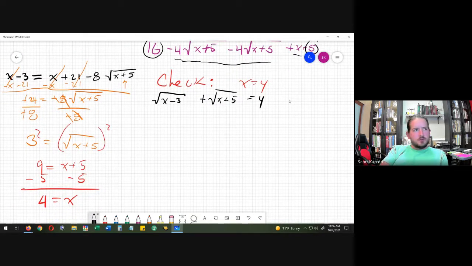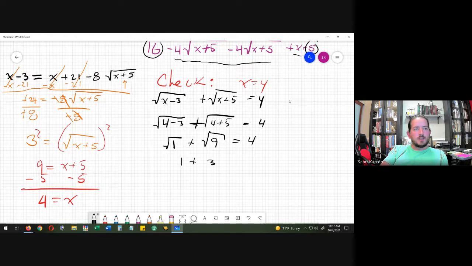If it works, then 4 minus 3 under a root plus 4 plus 5 under a root should equal 4. 4 minus 3 is 1. 4 plus 5 is 9. That should equal 4, and it does. That's 1, that's 3, and those things equal 4. So it's a solution. That solution was x equals 4.